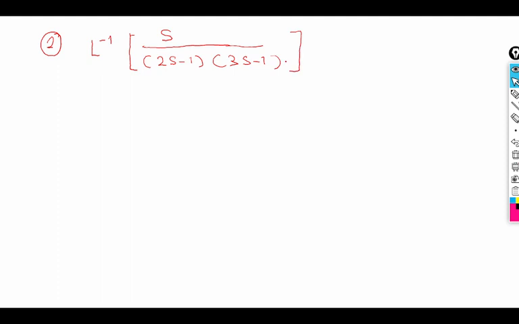Let me start a new example. Example 2, say we have to find L inverse for s upon (2s minus 1) into (3s minus 1). Our aim is to get the inverse Laplace of this.